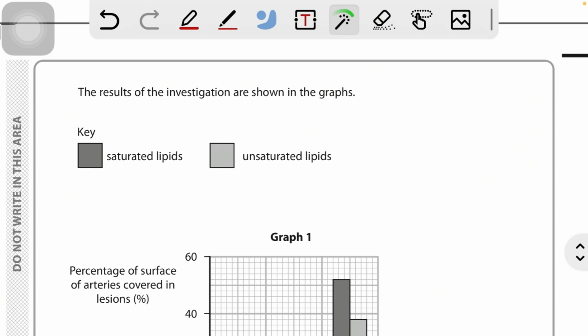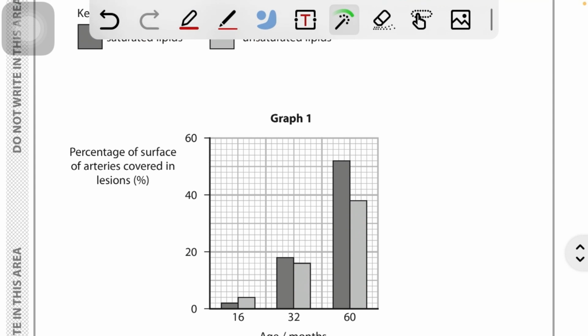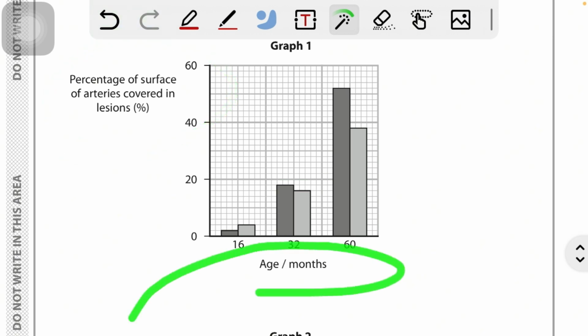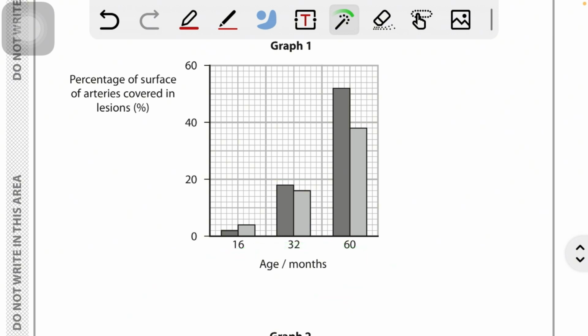Saturated lipids and unsaturated lipids. Okay. So the percentage of surface area covered in lesions. Okay, this is the percentage of the surface area of arteries covered in lesions, and this is the age or months of the creature. Okay, so 16 months.